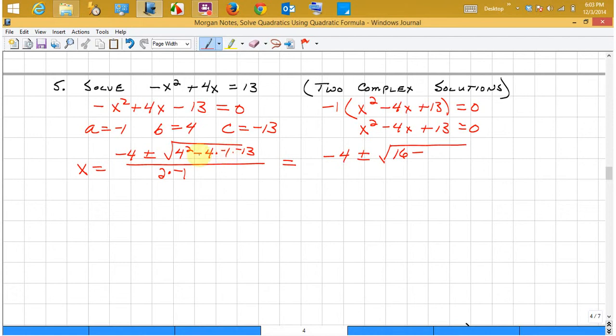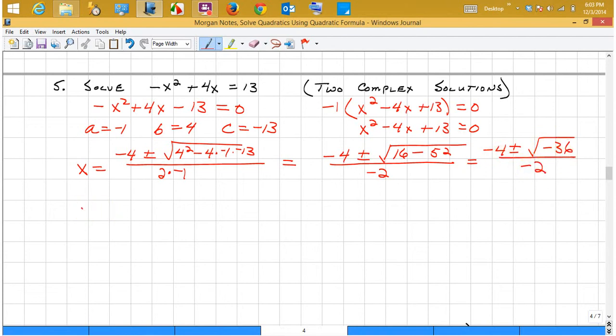Positive 13 times the subtract 4 would be minus 52, all over a negative 2. That would be a negative 4 plus or minus the square root of a negative 36 all over a negative 2.